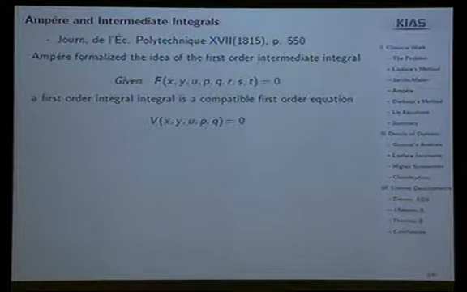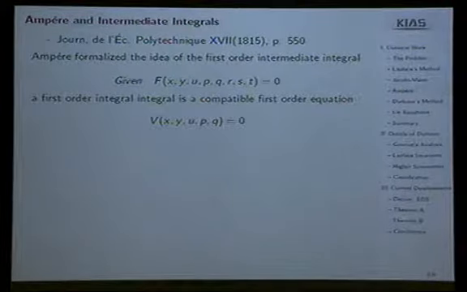Okay, so now I'll just talk briefly about the method of Ampère. Now we're coming back to second-order equations, so we'll have a single second-order equation. And it seems to me, in my quick historical study of the situation, that Ampère was one of the first to formalize this idea of an intermediate integral.